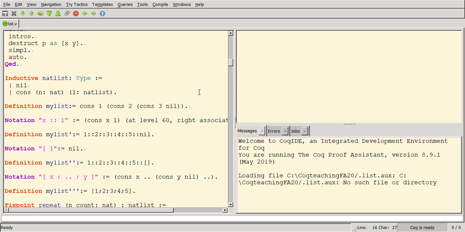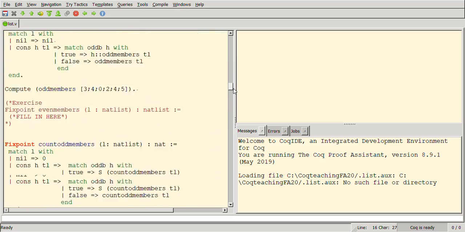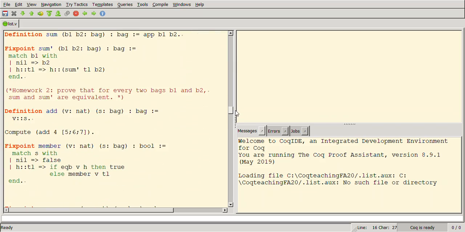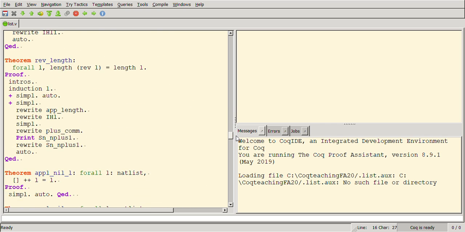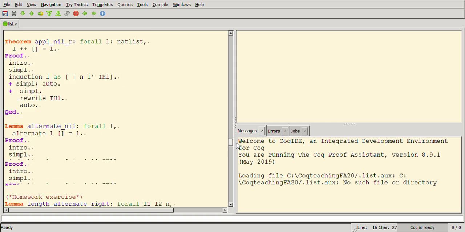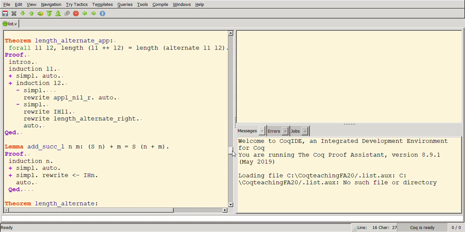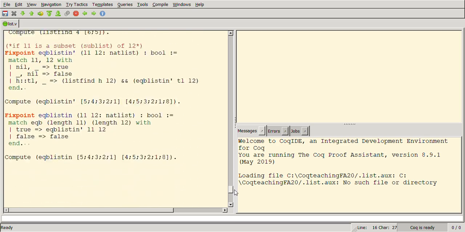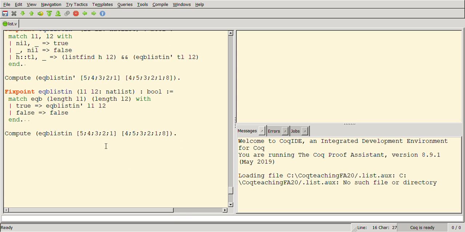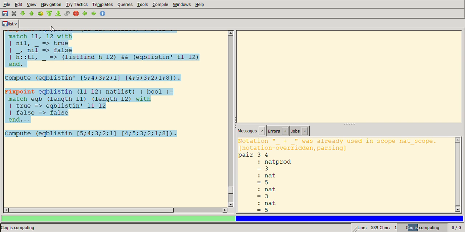Some notations, functions and lemmas are defined on nat list, and then a type called bag is defined, which is equivalent to the type nat list, and then a number of lemmas and other definitions. So I will just continue from this point onward, and will compile all the functions and definitions up to the cursor.